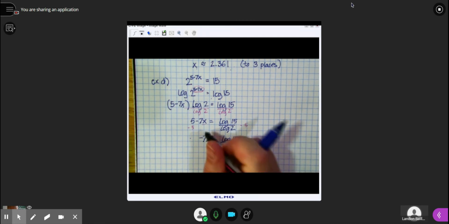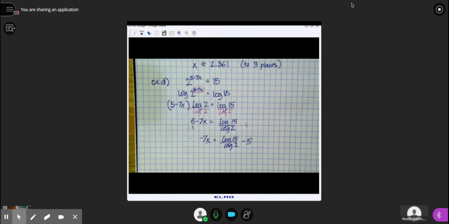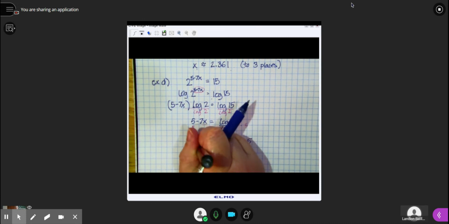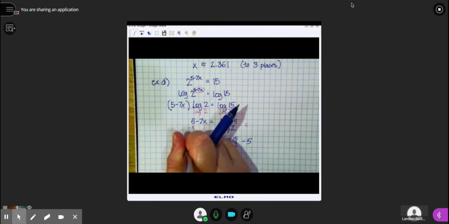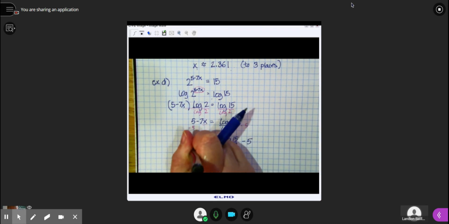Now, in order to get the x alone, I need to divide both sides by a -7, or I can multiply by a -1/7.